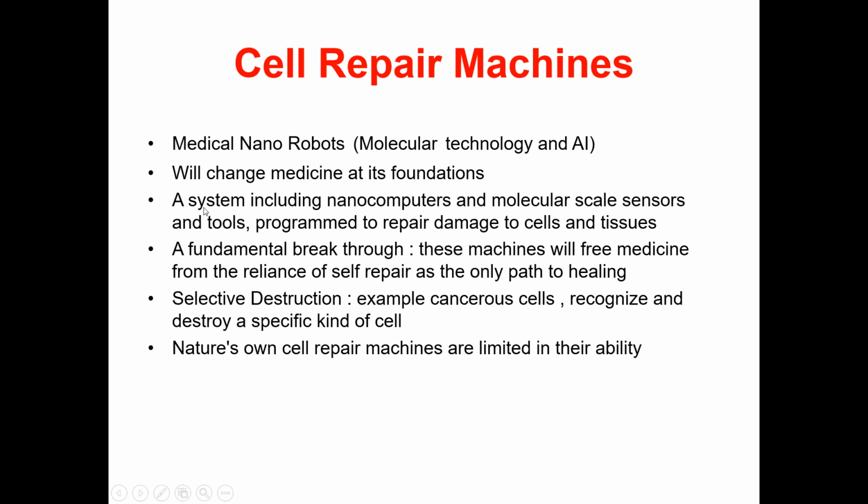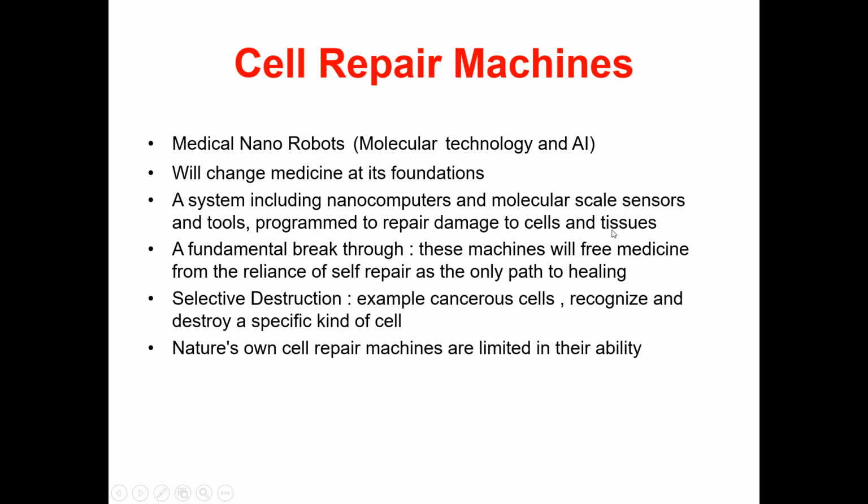You're asking what that cell repair machine is. It's basically a system including nanocomputers, molecular scale sensors and tools, programmed with the help of artificial intelligence to repair damage to cells and tissues.